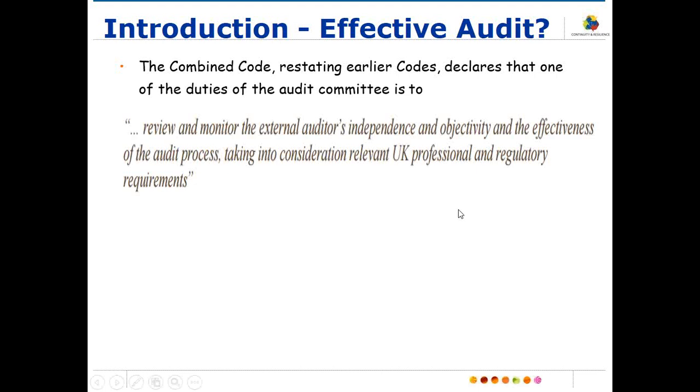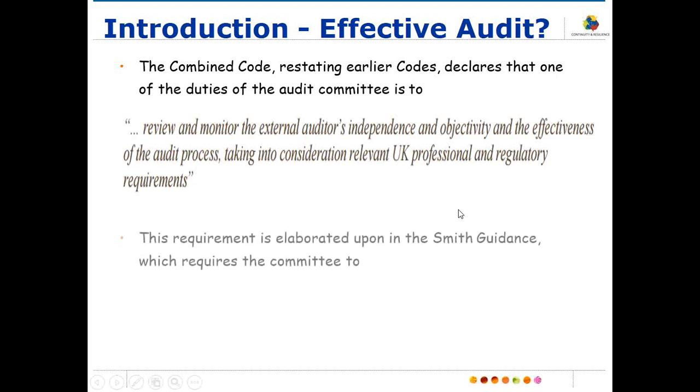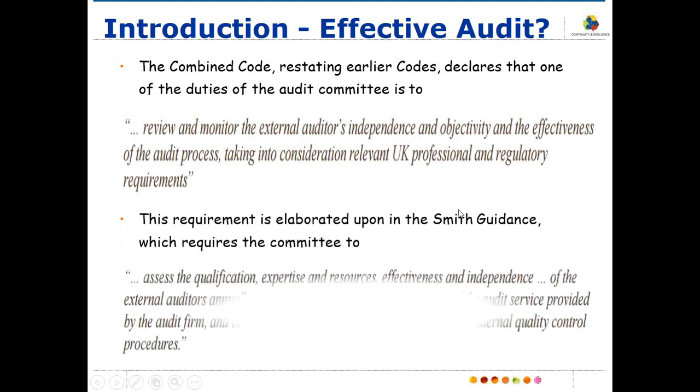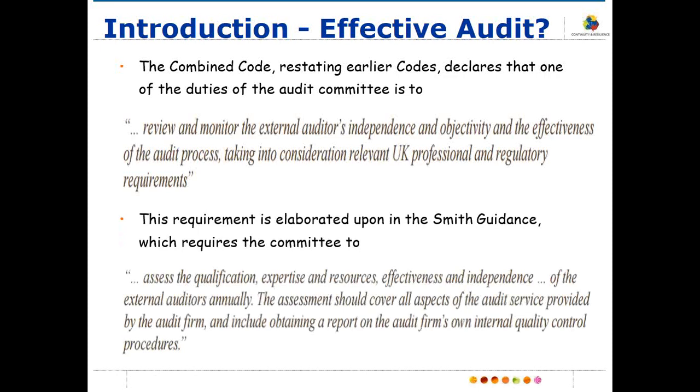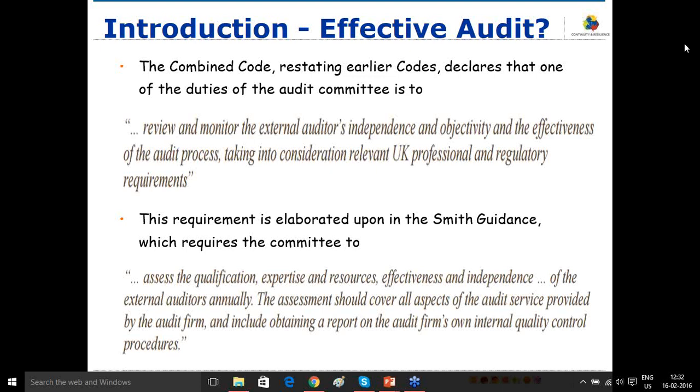So this was elaborated upon in another guidance by Smiths, which requires the committees to assess the qualification, expertise, and resources, effectiveness and independence of the external auditors annually. The assessment should cover all aspects of audit service being provided by the audit firm and include obtaining a report on the audit firm's internal quality control procedures.